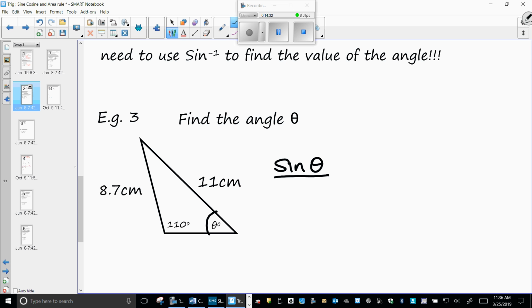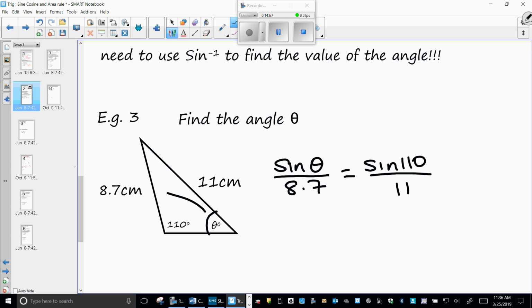I would divide that sine theta by 8.7, because that's the length opposite it. And that's going to be equal to sine 110 divided by 11. So I've got my sines level and my lengths are this time on the bottom.